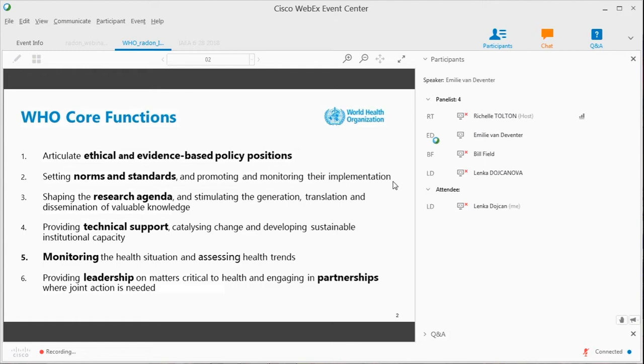Also monitoring the health situation around the world, including on topics related to what we will mention today on radon, providing leadership on topics that are critical to health, and engaging in partnerships like the one that you see now, working together with a sister agency, the IAEA.